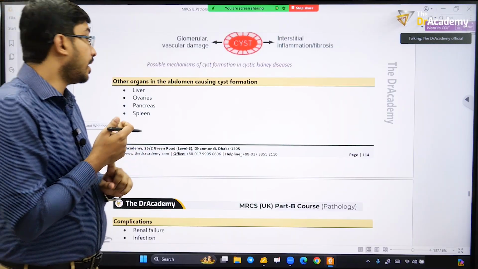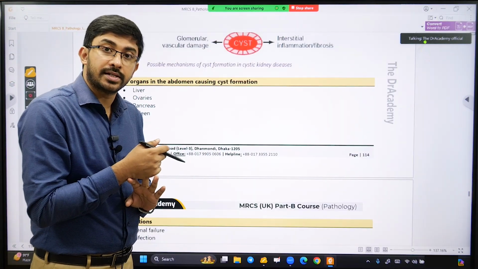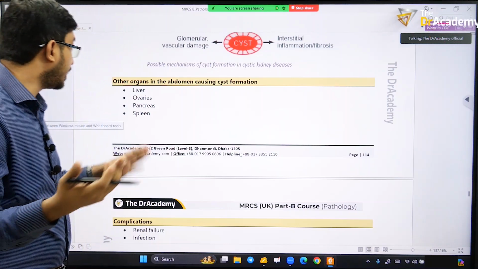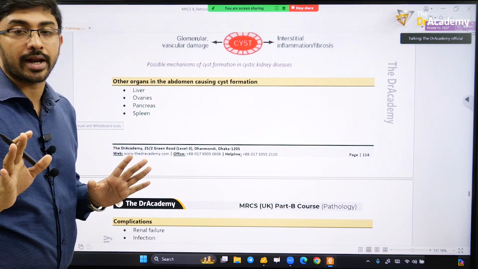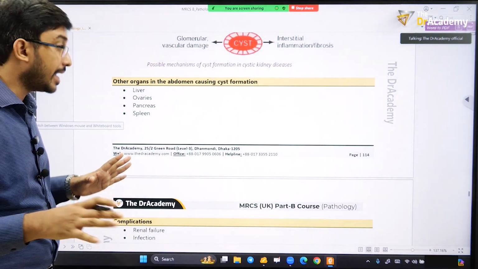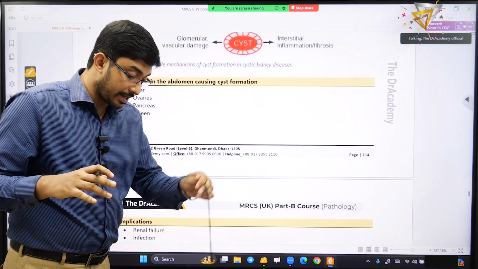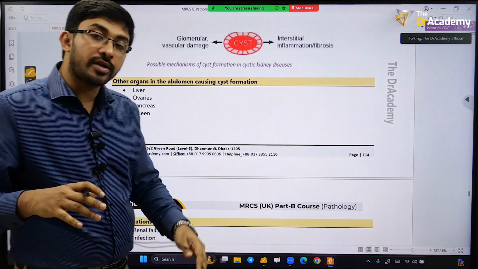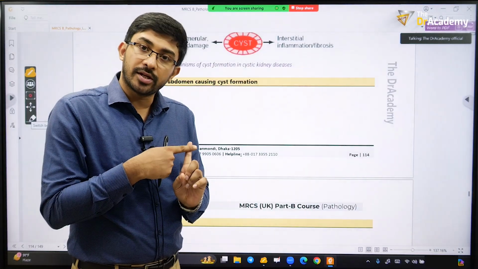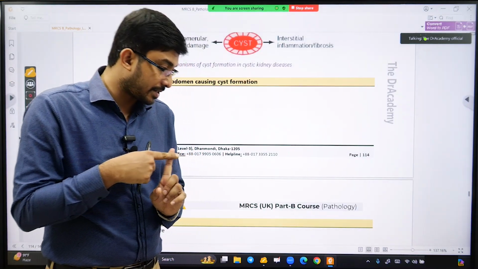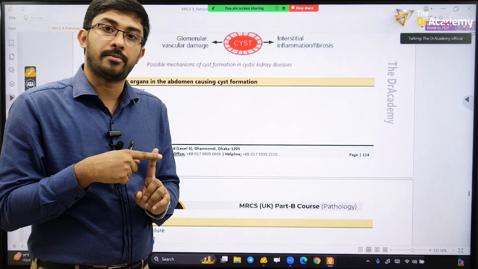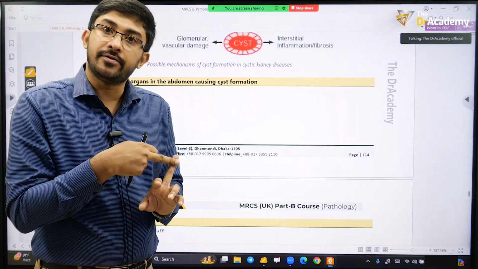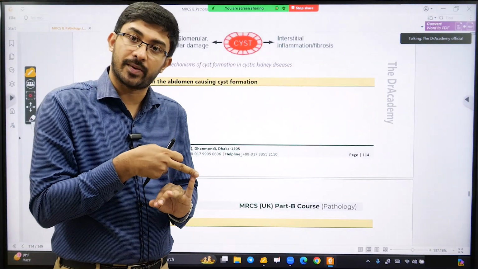Yes, liver, ovaries, pancreas, even lungs, intestine, spleen, they all can undergo cystic change. Okay, and sometimes it is seen simultaneously some solid organs undergo cystic formation. Polycystic kidney disease can be accompanied by liver cyst, pancreatic cyst, spleen cyst.